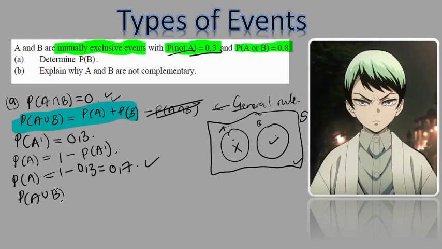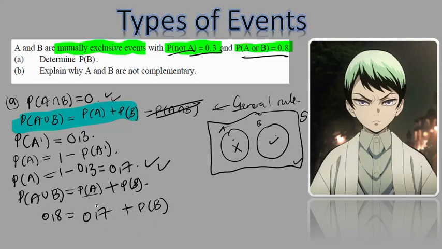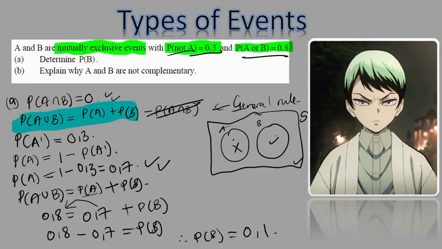The probability of the union is equal to the probability of A plus the probability of B. The union here is 0.8, which is equal to the probability of A, which we just found, 0.7, plus the probability of B. Now I only have to solve for B. I'll transpose this to the other side. I have 0.8 minus 0.7, which is equal to the probability of B. Therefore, the probability of B is equal to 0.1.